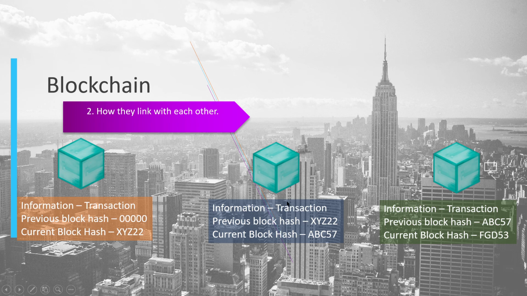Same way, the second block has the current block hash, and that is passed to the third block. So this way they are linked with each other. So if any block gets changed, the full blockchain will be invalid. Okay, clear? Let's move to the next.